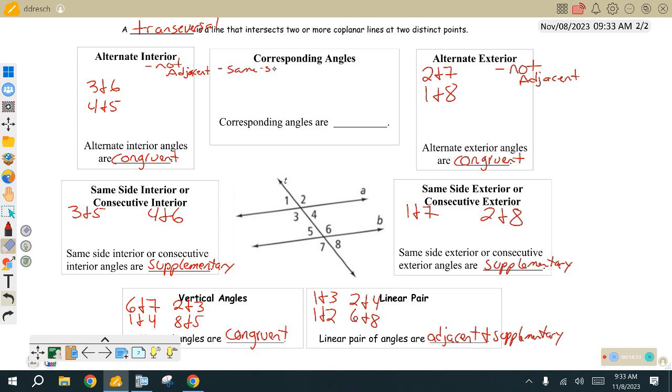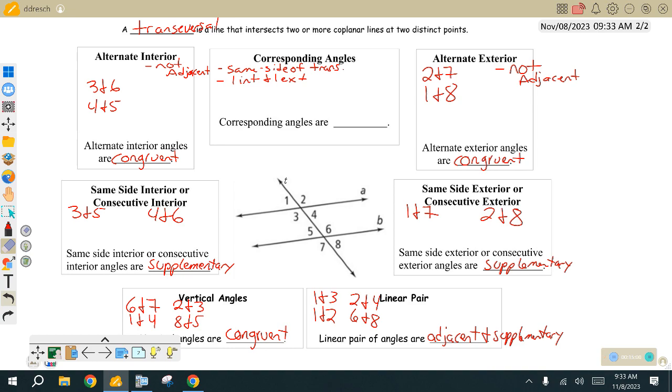Same side of transversal. That's got to be true. And then what you're also going to find is one is always going to be interior and the other one is always going to be exterior. One interior and one exterior.